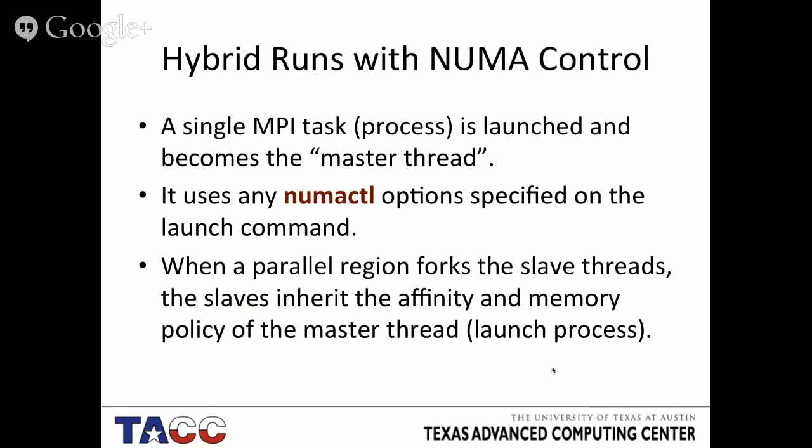And you use NUMA control options to specify which socket you want that to run on. Then, as we said before, when you fork a parallel region in OpenMP, these threads inherit the policy of the process that is running that master thread at A.out.